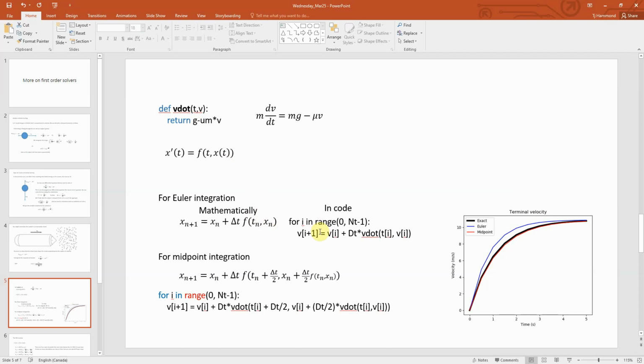So we can just say v of our next step, i plus 1, is going to be our current velocity plus dt, this time step, times v dot, where we've defined v dot as our derivative of v with respect to t. And then we just put this in the array.